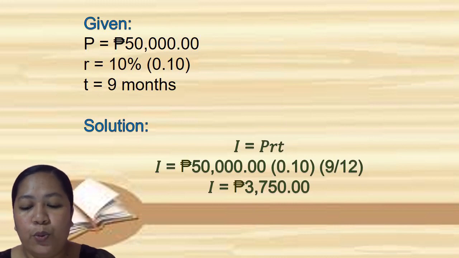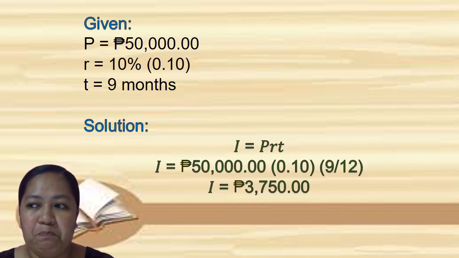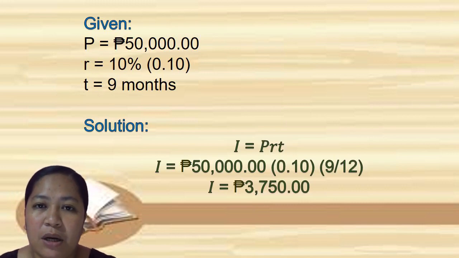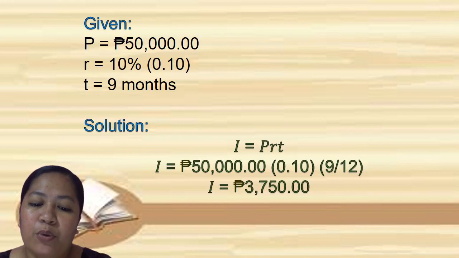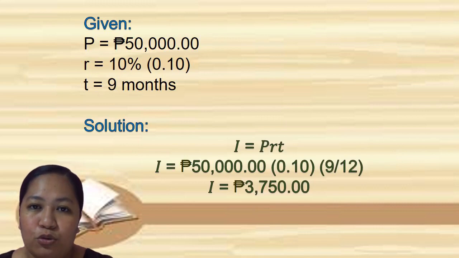In the solution, I equals 50,000 times 0.10 times 9 over 12. Now, why is it 9 over 12? Since the time given is 9 months, and the rate is per annum, we need to divide the 9 by 12 months.